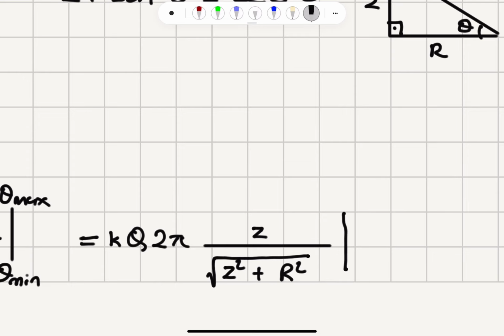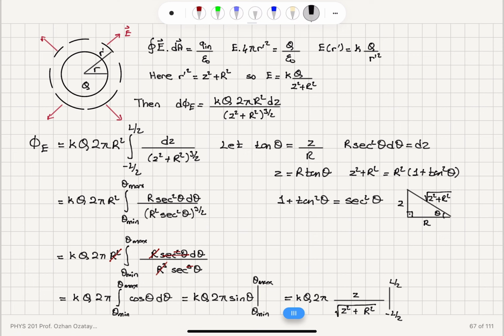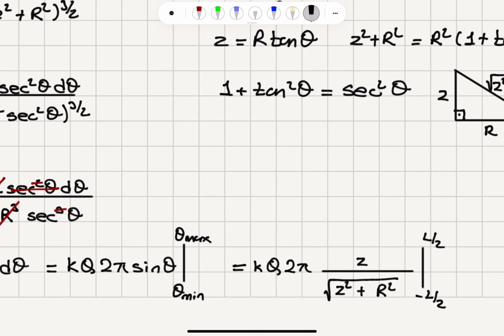And here z varies between minus L over 2 to plus L over 2. All right. Now I can substitute plus L over 2 and minus L over 2. So if you substitute plus L over 2, this is (L over 2) squared plus R squared. If you substitute minus L over 2, that's minus L over 2, again (L over 2) squared plus R squared.